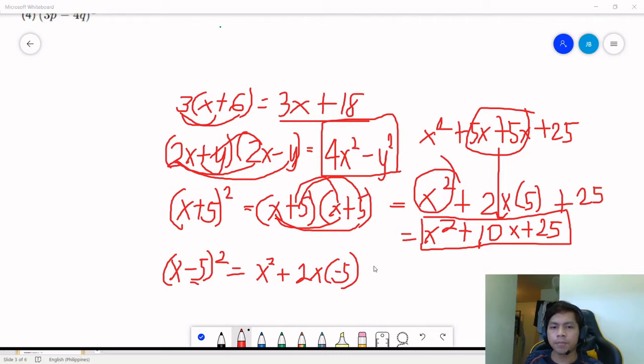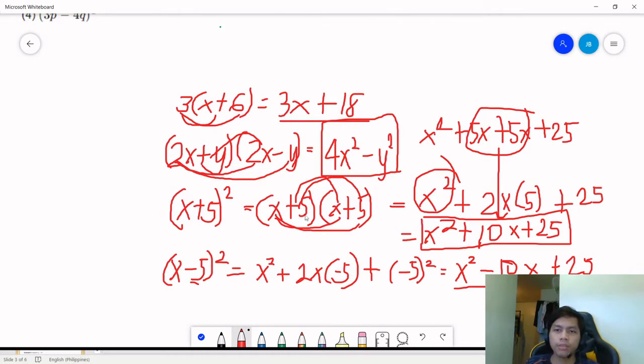Then plus negative 5 squared. And that is equal to x squared minus 10x plus 25. And now this is your final answer.